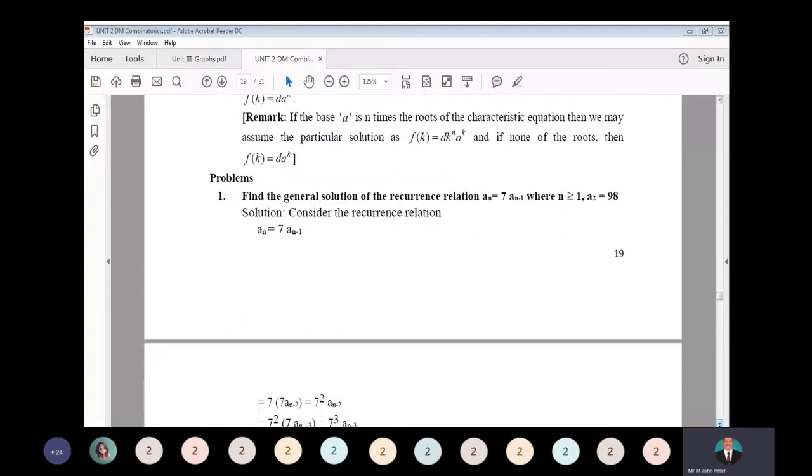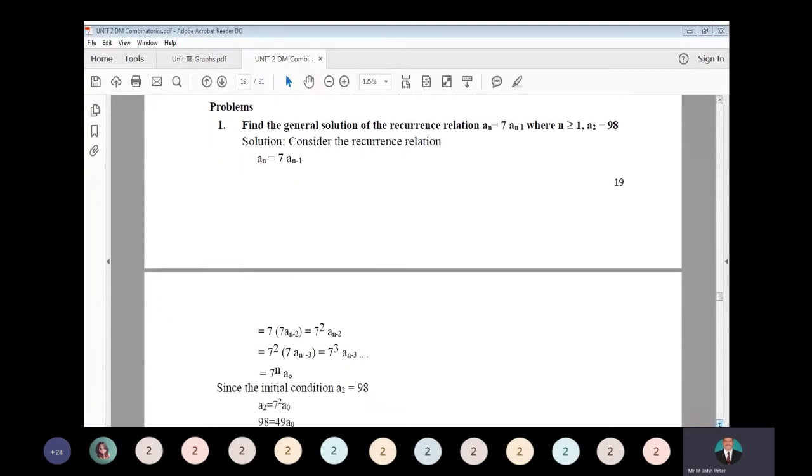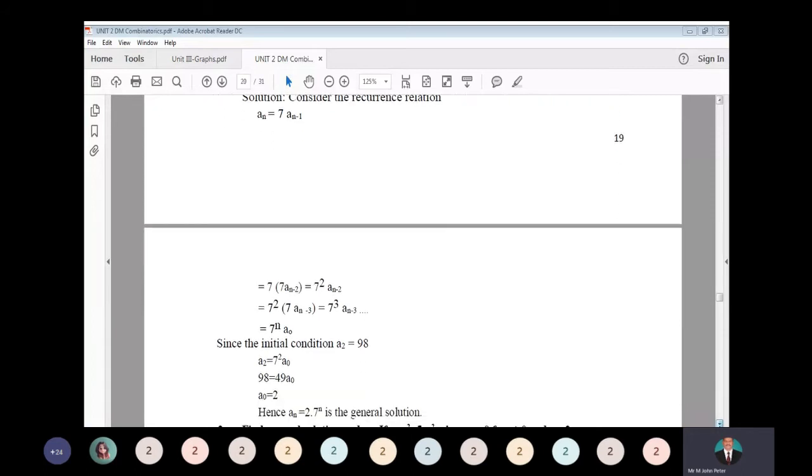Find the general solution of the recurrence relation an is equal to 7an minus 1, where n greater than or equal to 1 and a2 is equal to 98. Consider the recurrence relation: an is equal to 7an minus 1, that is equal to 7 square an minus 2. So that's equal to 7 power n into a0. Like that you can arrange.